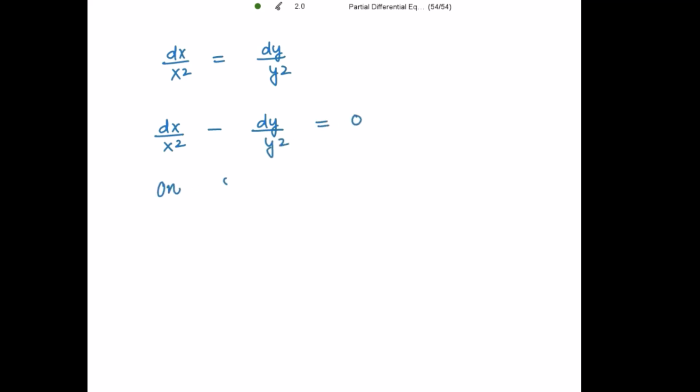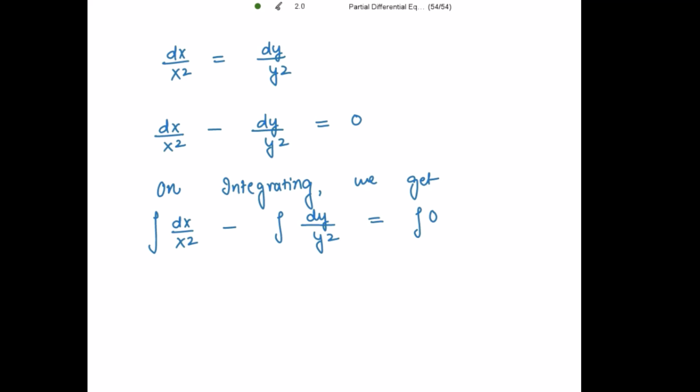And on integrating we get the integration of dx by x square minus the integration of dy by y square equals the integration of 0, which is a constant, and let me take that constant to be c1. Integrating 1 divided by x square with respect to x, that is 1 divided by x, minus integrating with respect to y, I will be getting 1 divided by y, equals c1.